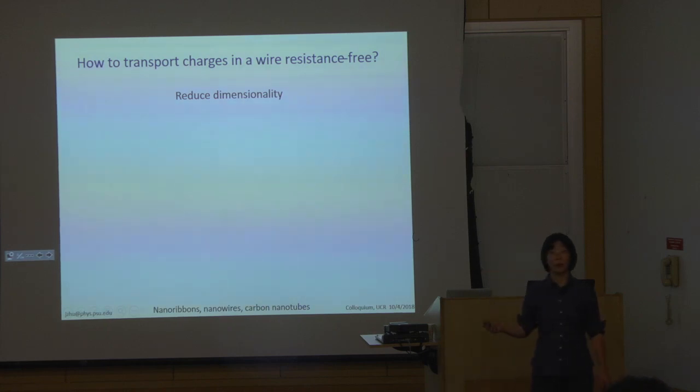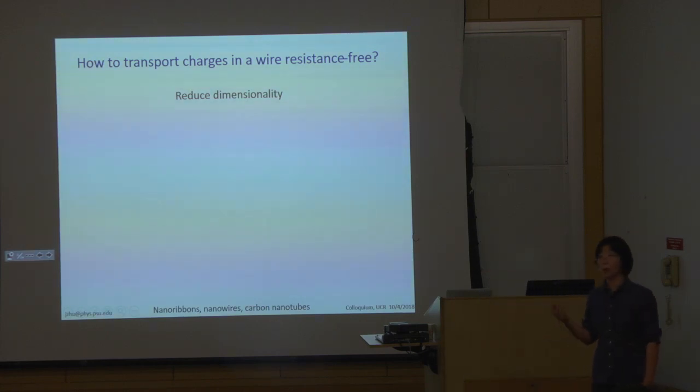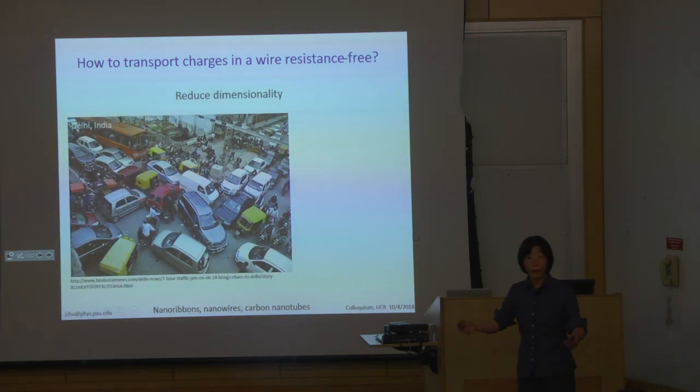If you want to reduce resistance, reducing dimension would help. If you think about traffic again, if your electrons are billiard balls moving in 2 dimensions, you have a lot more chance of colliding with other electrons also moving in 2 dimensions, because you can collide in many different directions.